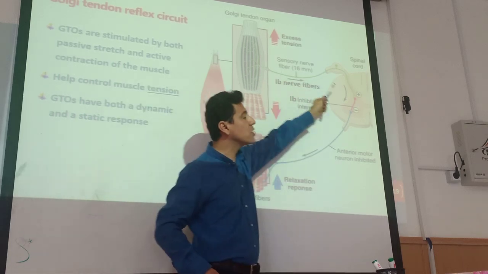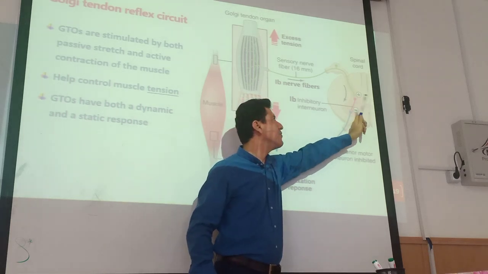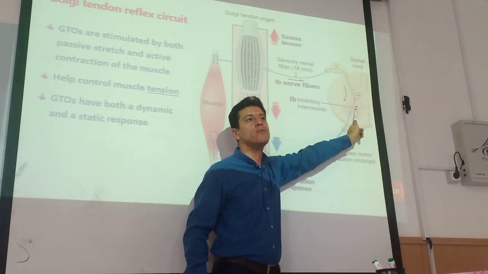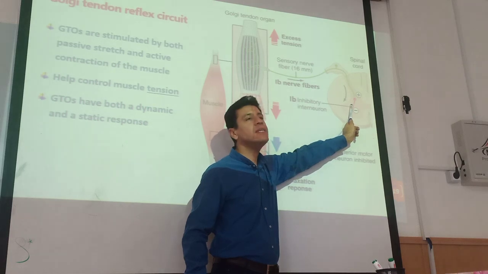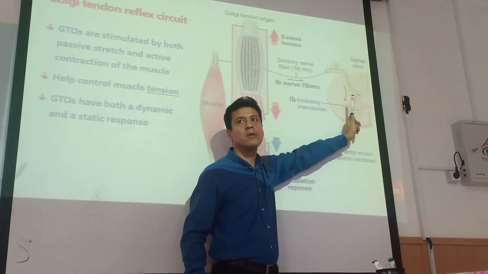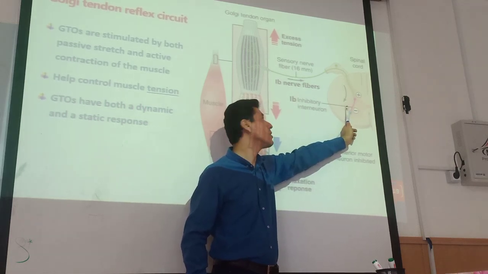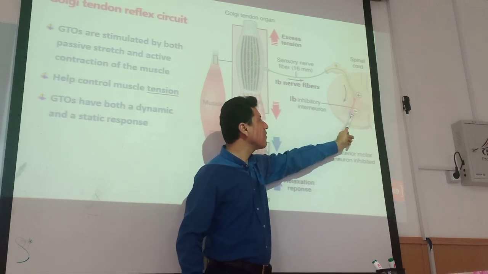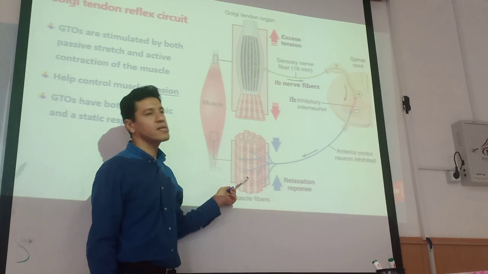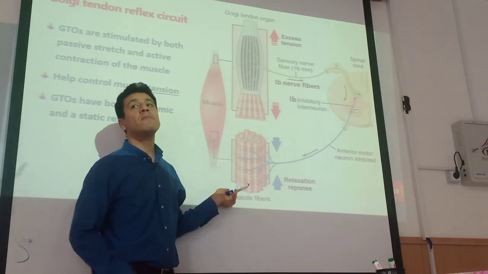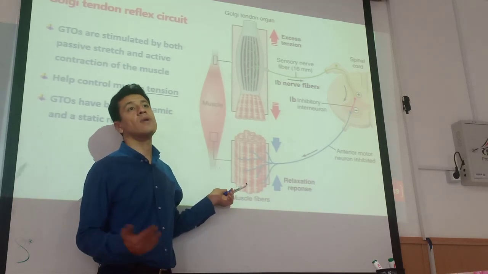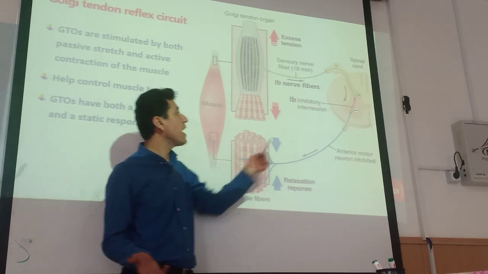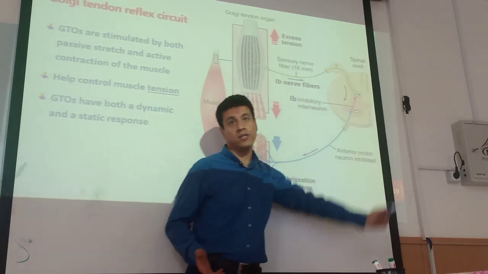Okay, it goes to the spinal cord, it activates an interneuron which is inhibitory. We call this the 1B inhibitory interneuron. The inhibitory interneuron inhibits the alpha motor neuron that innervates the same muscle. So the same muscle that contracts is relaxed because of the action of this interneuron.